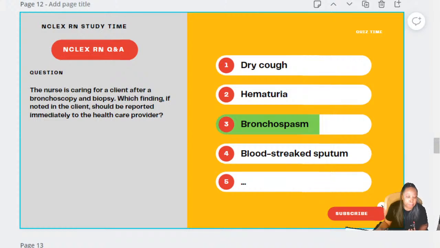Hemoptysis, if the patient is coughing up a bunch of blood, you need to call the doctor. If you see hypotension, you need to report that to the doctor. All these are signs there's a problem, something going on either with the blood, maybe there's hemorrhage, or something going on down there.